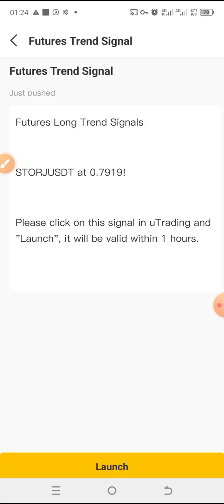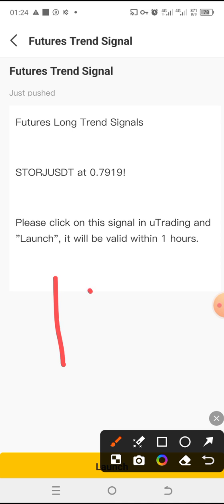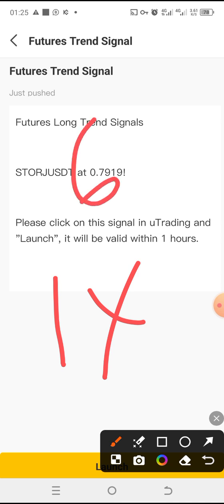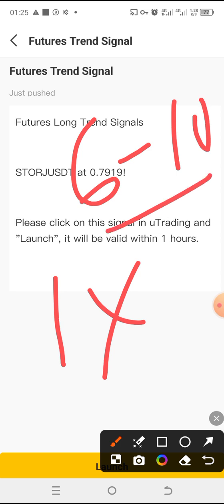The issue I have with it is it will only trade 1x. So that simply means it will be trading your money. So assuming it wants to trade now, it probably will trade with maybe $6 to $10. That is what it will trade for you.